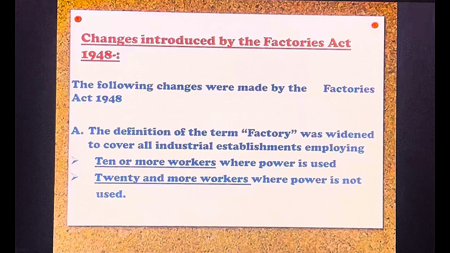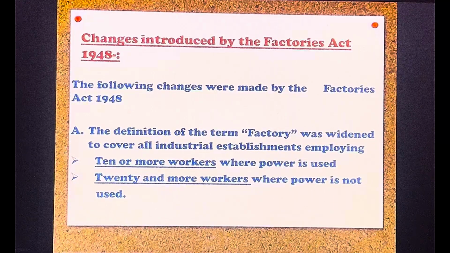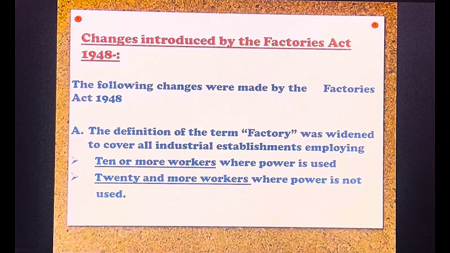The first one is that the definition of the term factory was widened. According to Factories Act 1948, any industrial establishment where 10 or more workers are employed and where power is used is known as a factory, and any industrial establishment where 20 or more workers are employed and where power is not used is also known as a factory.